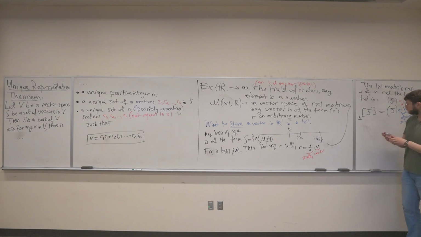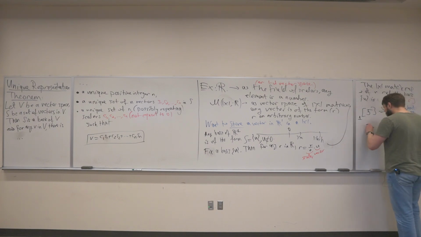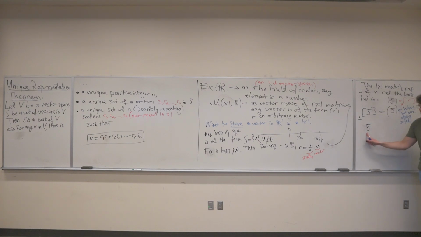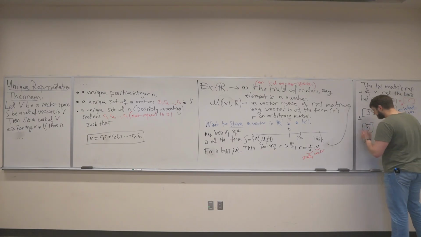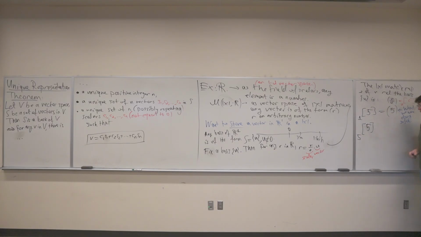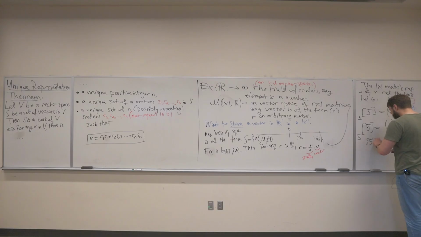But if I store the same vector, same r, relative to this other basis, let's say 5, 5 itself is a basis, now I would store it as a 1. Or if I were to store 5 relative to -1, now I would store it as -5.